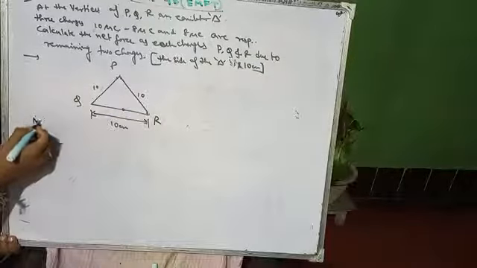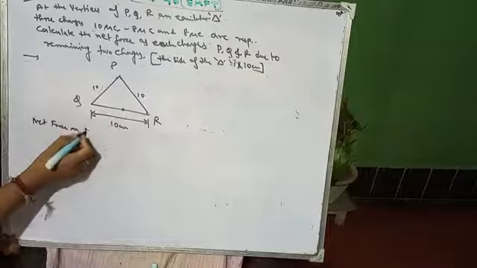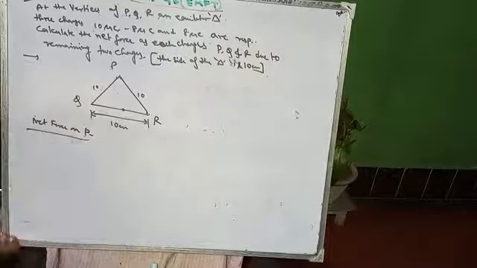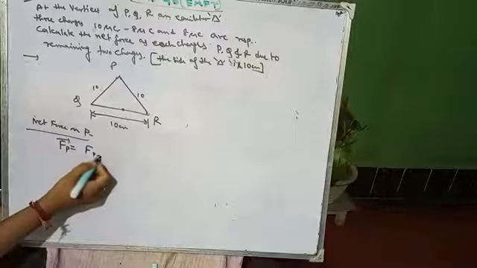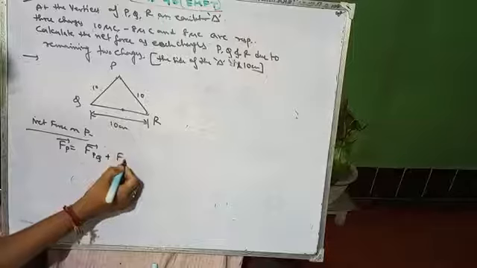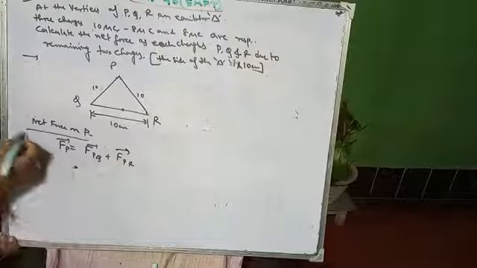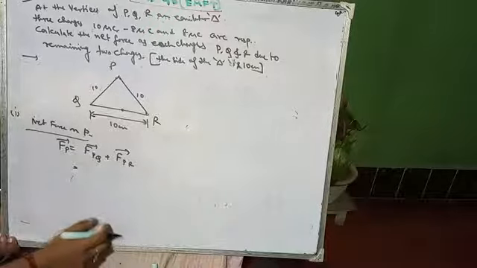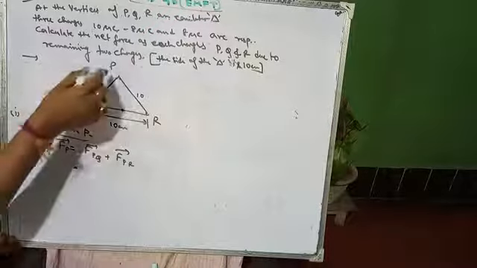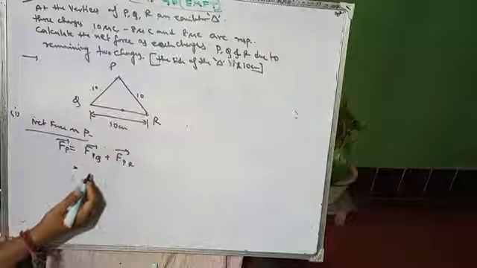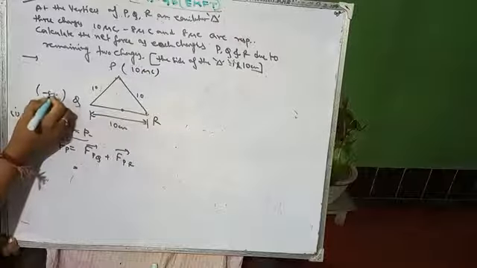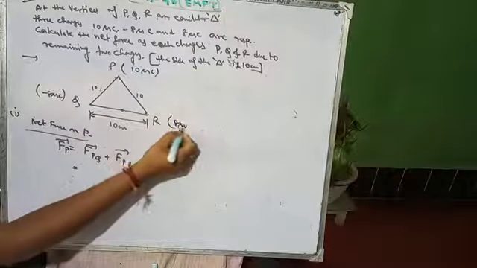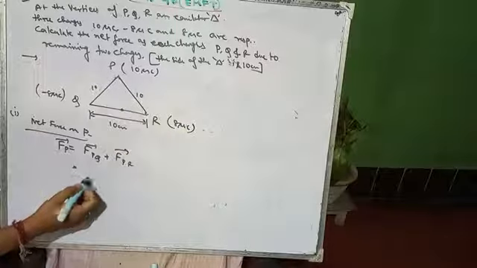So net force on P, you have to find the net force on P. F of P equals to F of P due to Q plus F of P due to R, right? P contains 10 microcoulomb, Q contains minus 8 microcoulomb and R contains plus 8 microcoulomb. So F of PQ will be what?